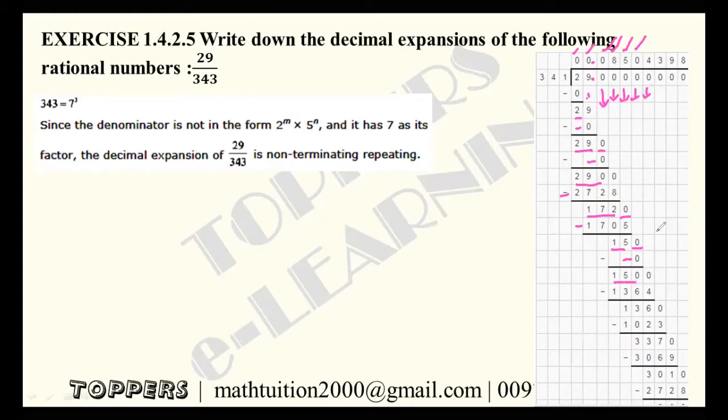Bring next 0 down, so it is 1880. How many times? 5 times. 5 times 343, we will get 1715. On subtraction, we will get 165. Bring next 0 down, so 1650. How many times? 4 times. 4 times 343 is 1372.